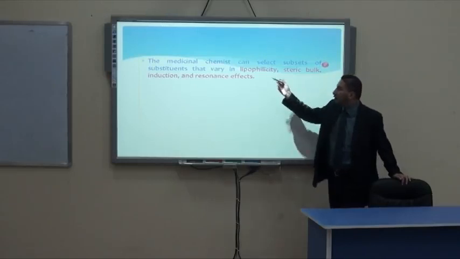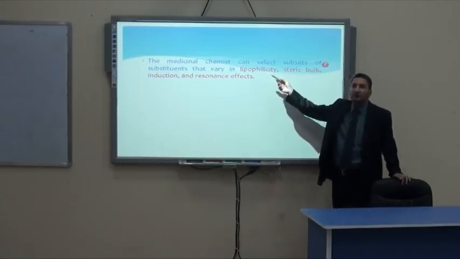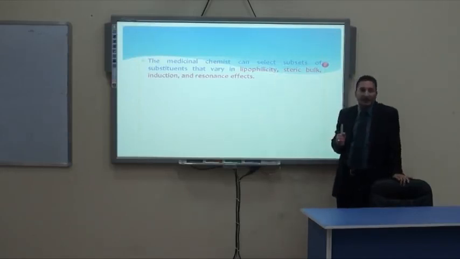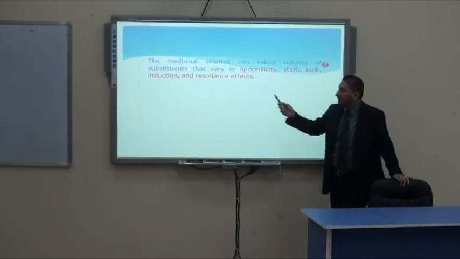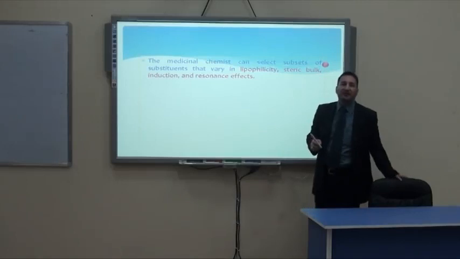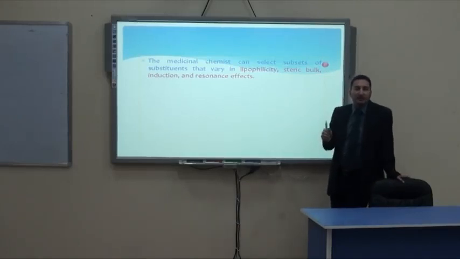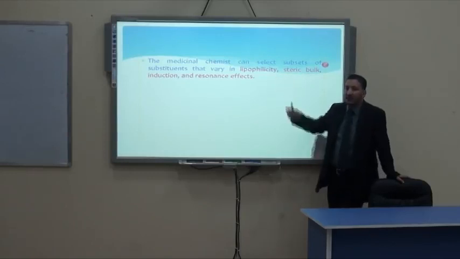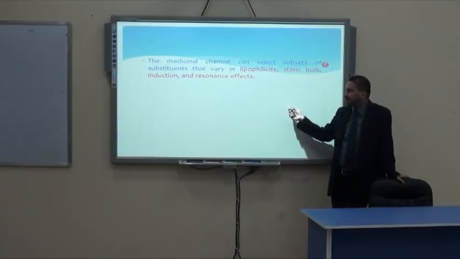So it will depend on lipophilicity, in which different substituents have different lipophilicity, then on steric bulk and steric hindrance, and third on the induction and resonance effects. So the medicinal chemist should be able to choose a suitable substituent by varying these physicochemical properties.